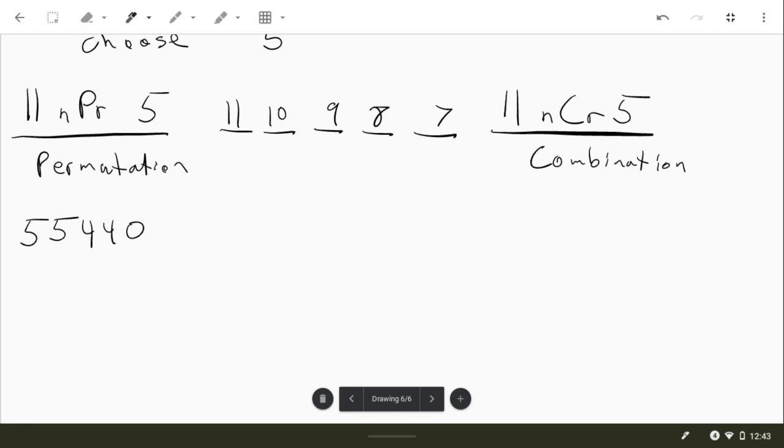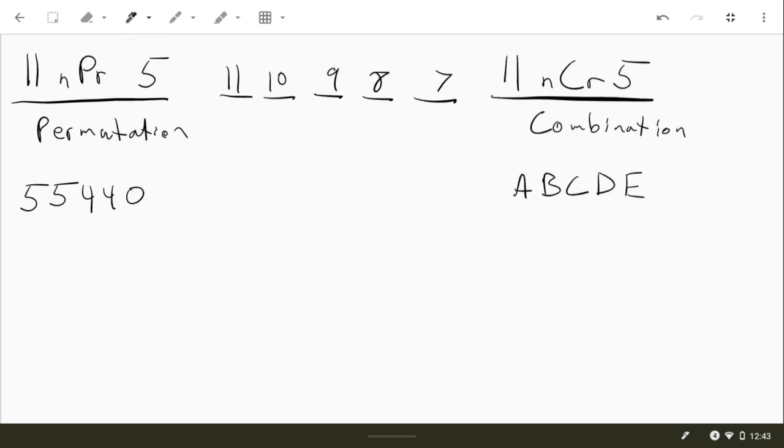All right. Now on the combination side, we need to figure out what we have to divide by. On that last example, we were dividing by 6, but that's not going to be the case for this one. So to get a feel for it, I'm going to make a combination over here. If I had A, B, C, D, E, this would be one combination.